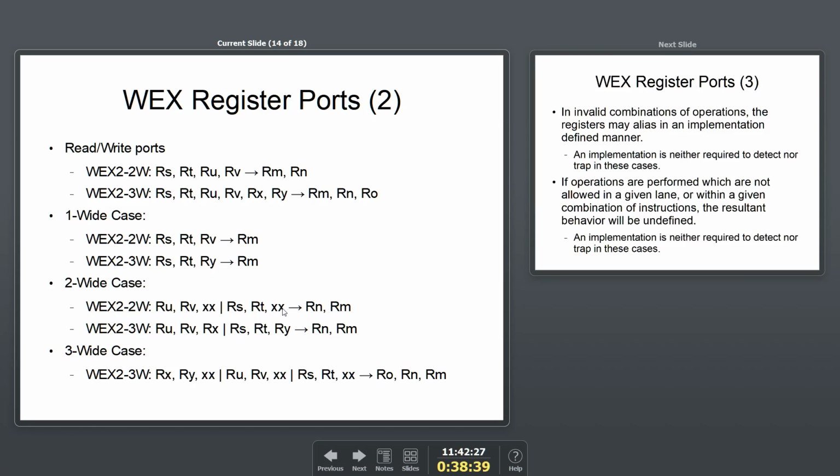So if you try running something in parallel with a memory store, it's not entirely defined what value will be stored to memory. That's how that works.